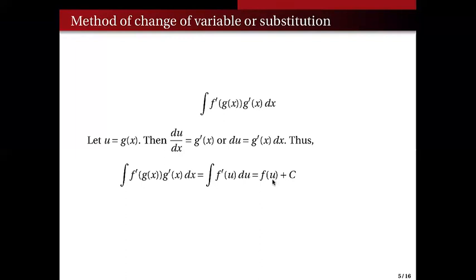But then again, u is equal to g of x, so we bring back the original variable x. It means that this will be f of g of x plus c. And now we're back to that composition function.